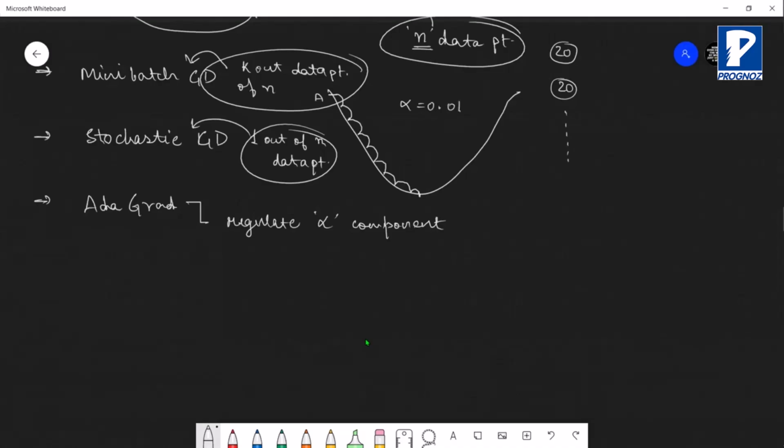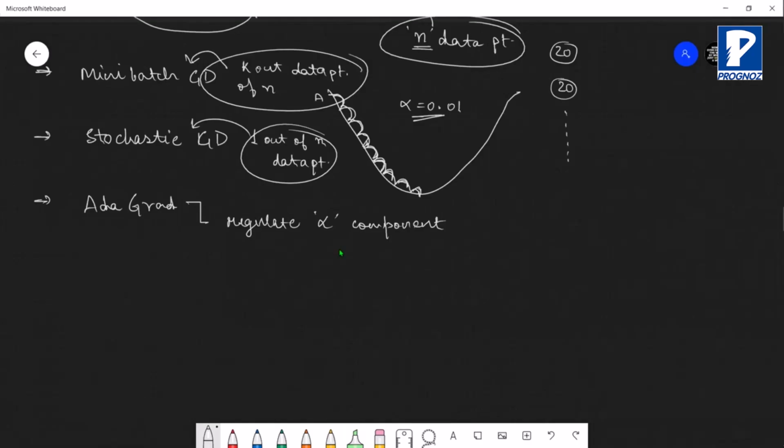So this alpha is equal to 0.01 or this step size of 0.01 is going to remain uniform. यहाँ से लेकर के यहाँ तक आप जैसे जैसे बढ़ रहे हैं, it is going to be uniform. You can see the step size, they are uniform. They are not like छोटा बड़ा नहीं. It is all uniform that you are having. Okay. That is why I am saying that you cannot regulate the value of alpha here. Okay. But in case of AdaGrad, you can do that. You can regulate the value of alpha.